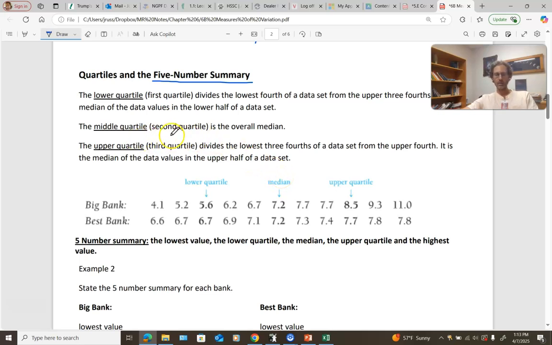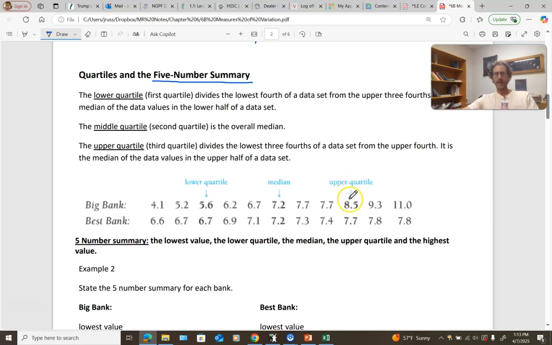And then the upper quartile, or the third quartile, it divides the lowest 3/4 of the data from the upper fourth. And it would be the median of the upper half, okay? So if you could take the median and then just take this upper half right here and find the value that's in the middle of it, that would be the upper quartile, or the third quartile, okay?